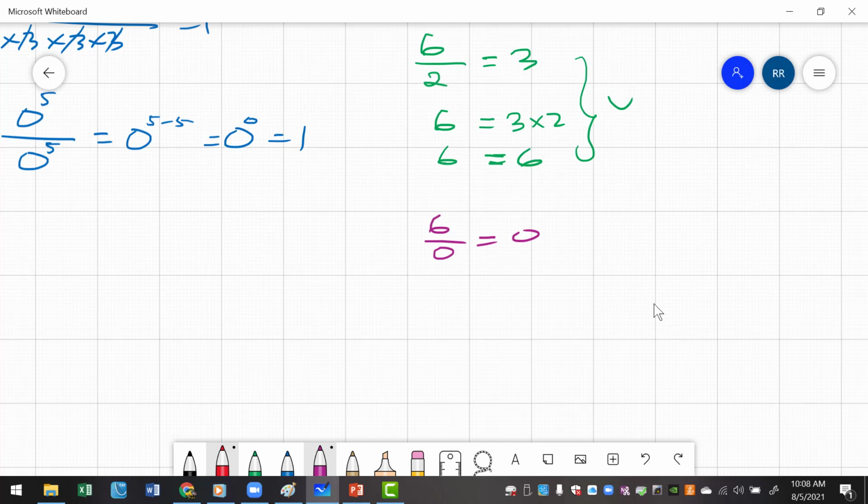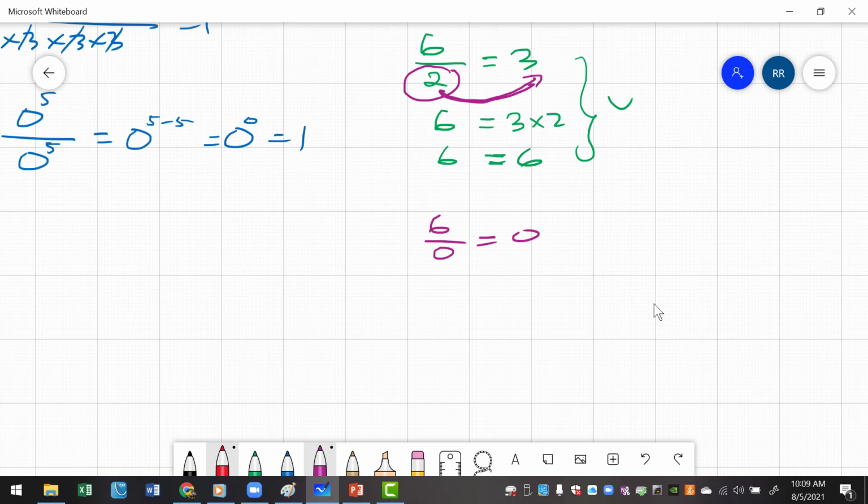I can't just do it like that. When I do this, I'm actually just moving this 2 over there, right? Because this is a division, and in algebra we know that if you want to move a number to the other side, the operation needs to be the opposite operation. So this is a division, and when it goes there, it becomes a multiplication, right?